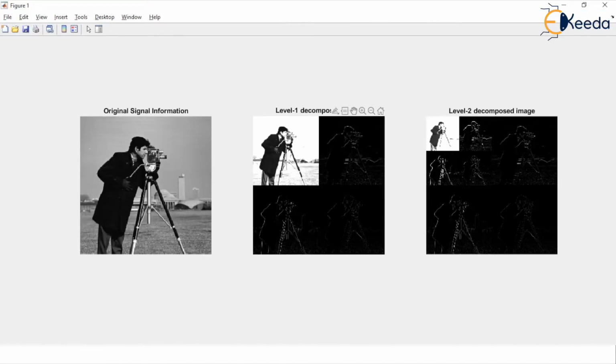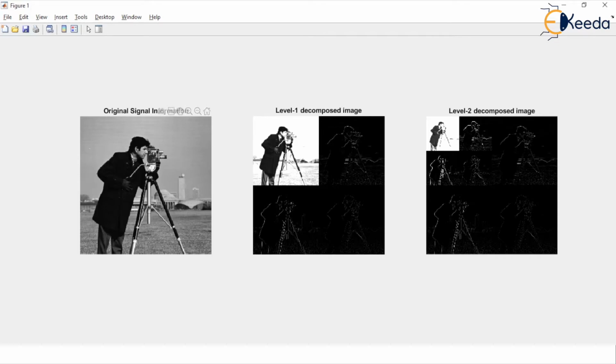As we run this script, there it is, a MATLAB pop-up window, a separate window. As I maximize this window, you see in a single row there are 3 columns. In the first cell we have the title original signal information. The input image was cameraman.tif.